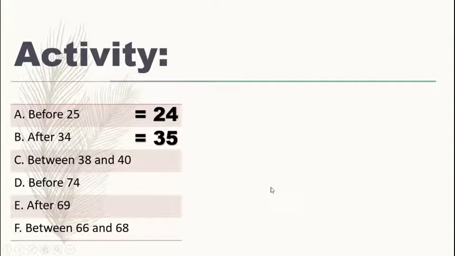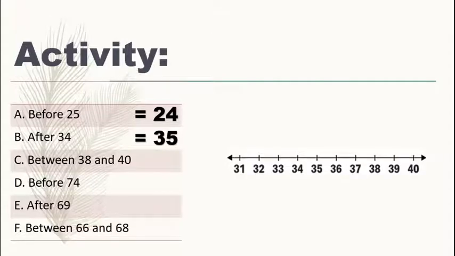How about letter C? We have between 38 and 40. We will use the number line 31 to 40. The first thing we need to do is mark 38 and 40.